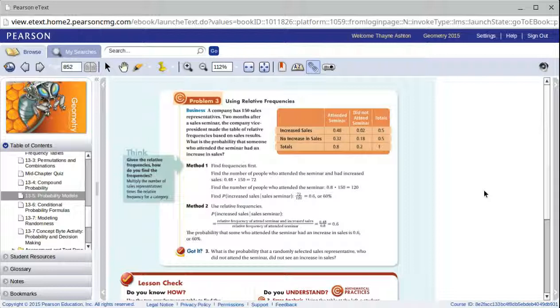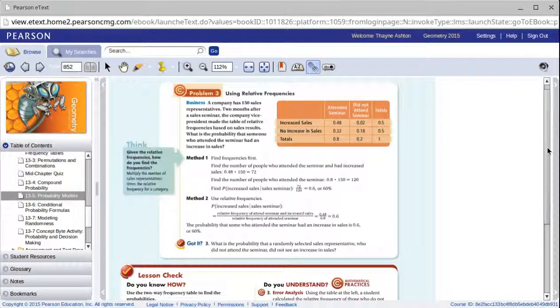The first way to solve it is to use what you know about the number of attendees, which is 150, and multiply everything by 150 to get the correct numbers in the graph. That would yield you the result of 72 over 120. That is the people who attended the seminar and did see an increase in sales. So 72 over 120 will give you 60%.